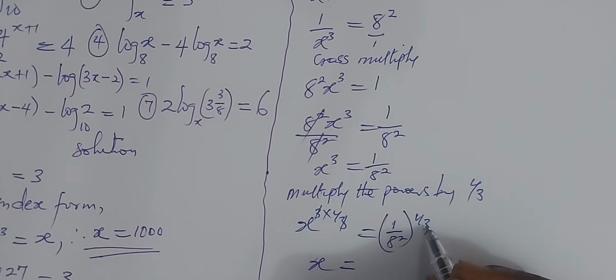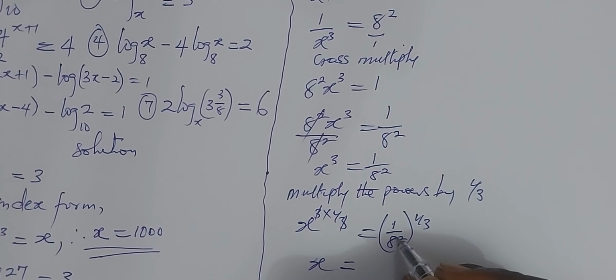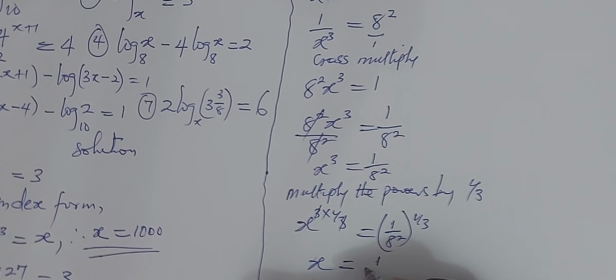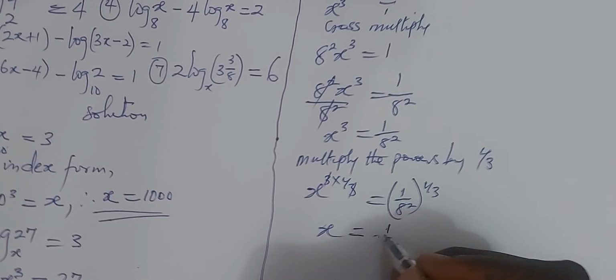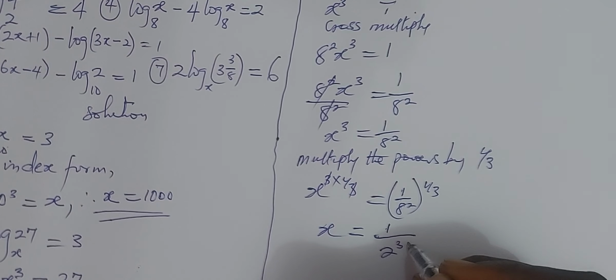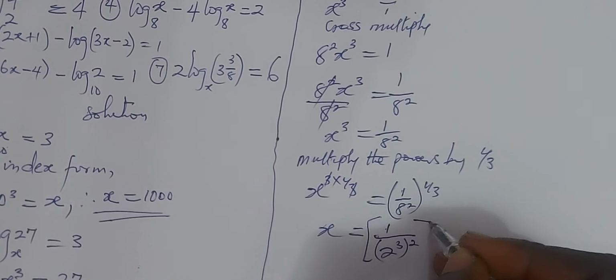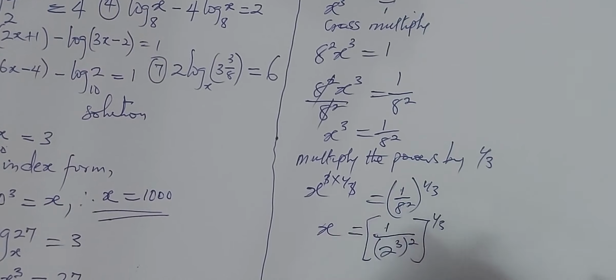So how do we simplify this further? You know, this can be written as 2 raised to the power of 3. 1 all over 2 raised to the power of 3 in bracket 2. You can put big bracket 1 over 3.